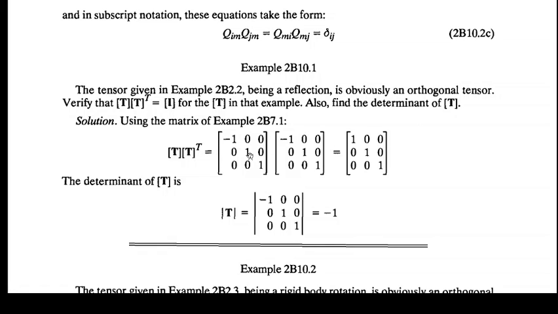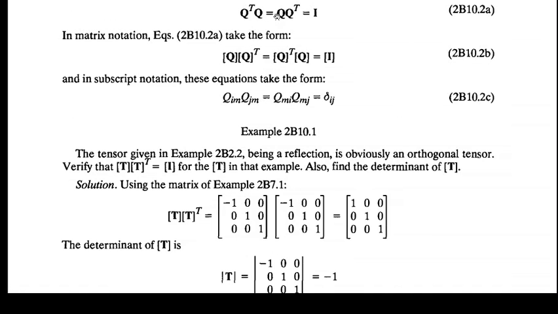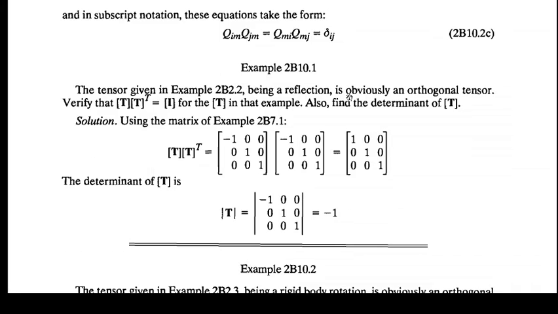Now T is the tensor corresponding to reflection of plane yz. This is the transpose, multiply these and we have the identity. Similarly, T T transpose equals T transpose T equals identity. So it means that this is an orthogonal tensor.